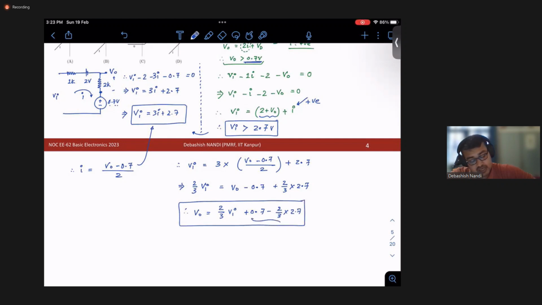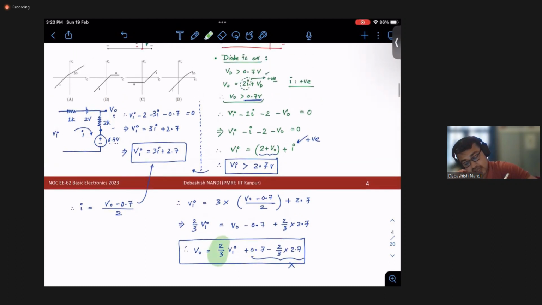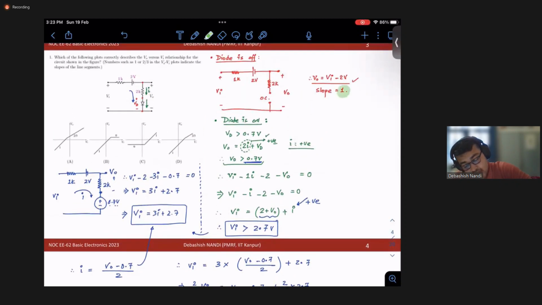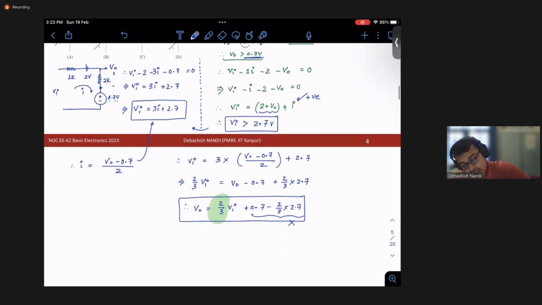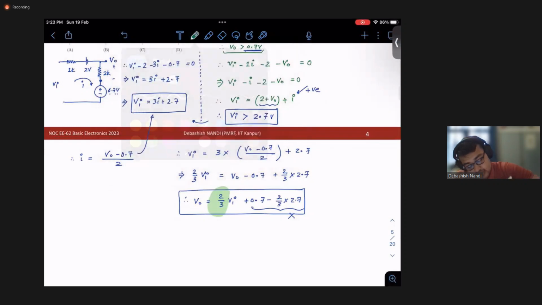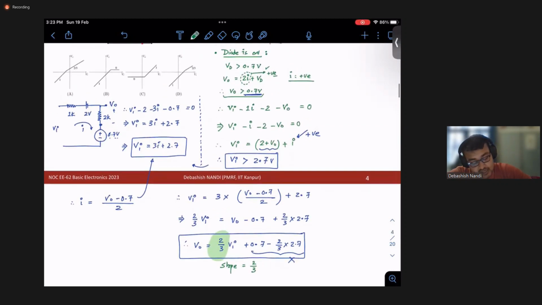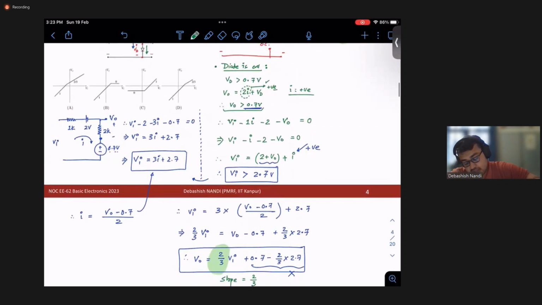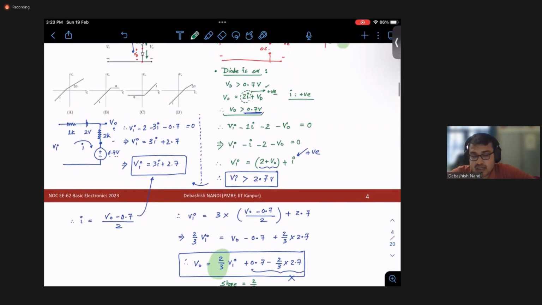I am not concerned about this constant part, because I just want to see what is the slope. So I can clearly see that the slope here is 2 by 3, and there the slope is 1, right? Now let's go to the options. These are the options given, right?